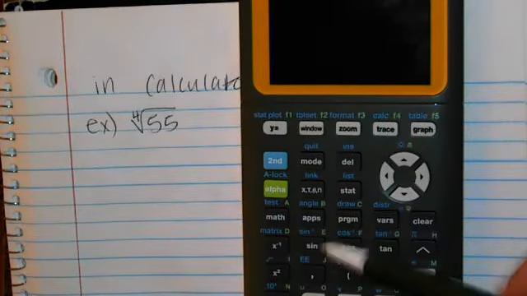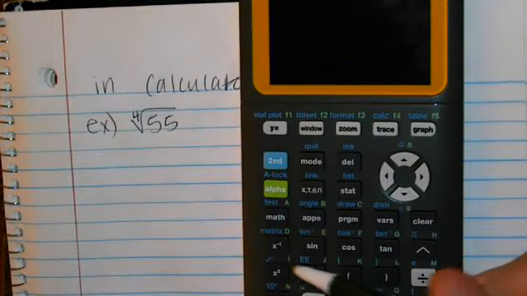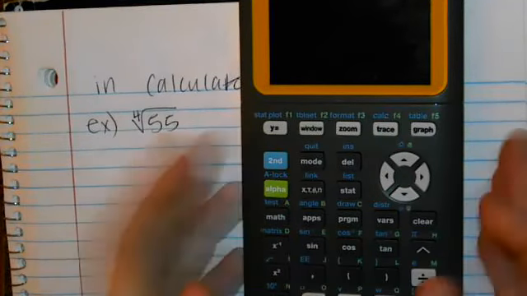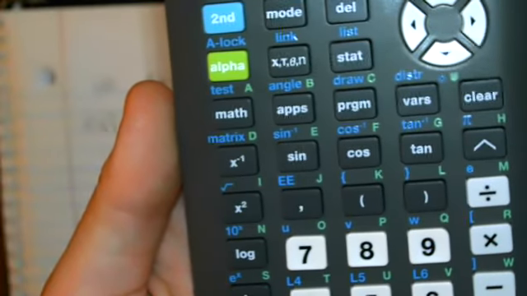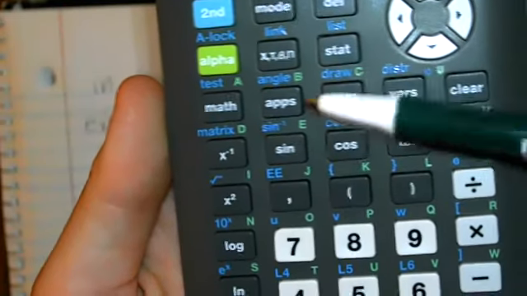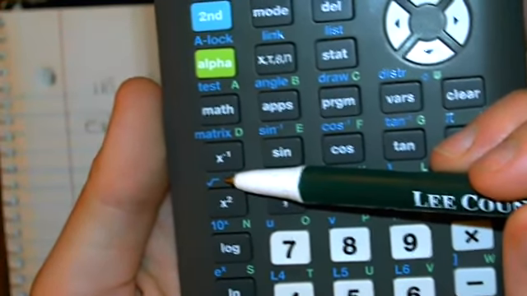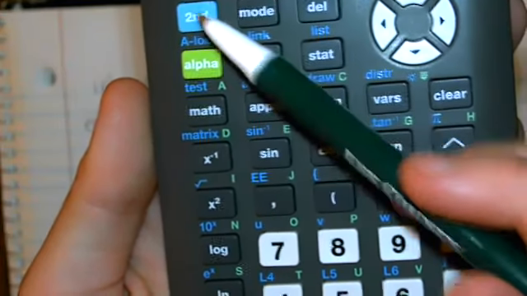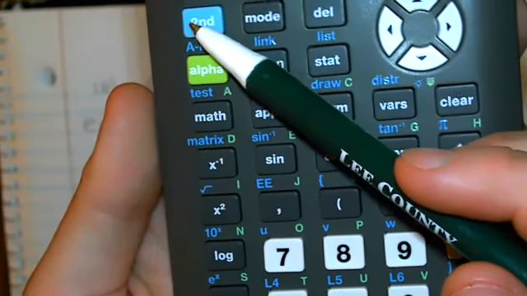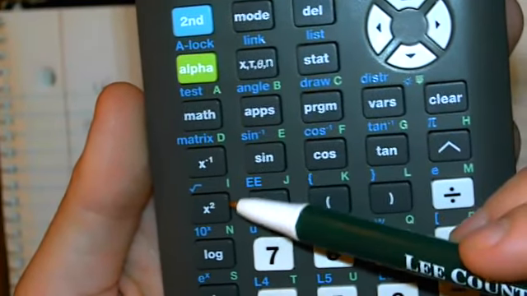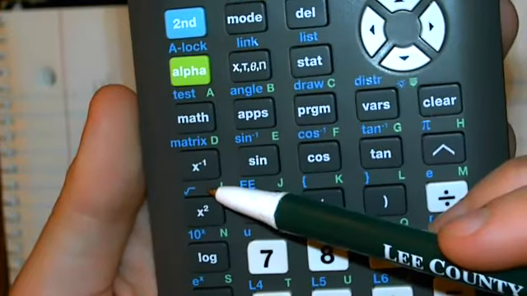The square root itself is right above the x squared. So in order to get a square root, you press the second button and then x squared.